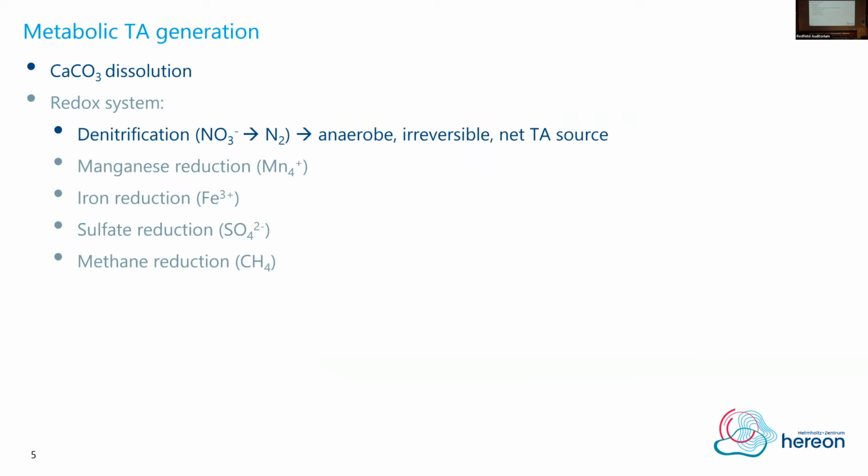The focus here is set on denitrification, which is the anaerobic bacterial reduction of nitrate into molecular nitrogen. And since this is an irreversible process, denitrification is a net alkalinity source.